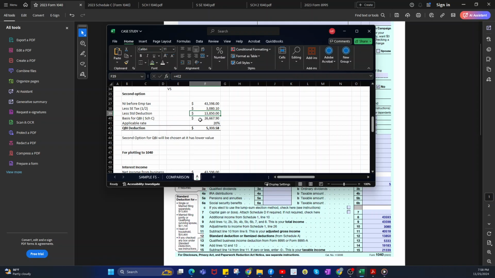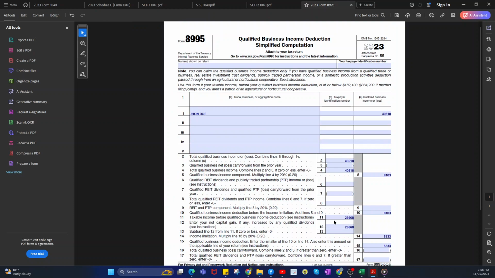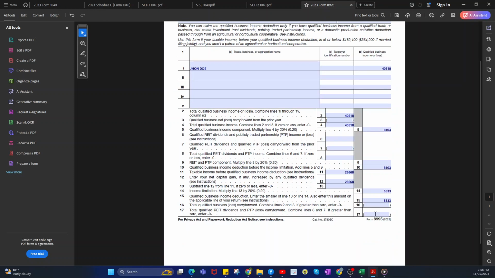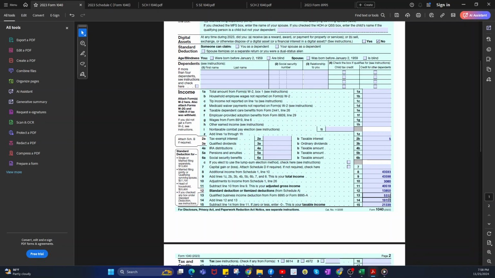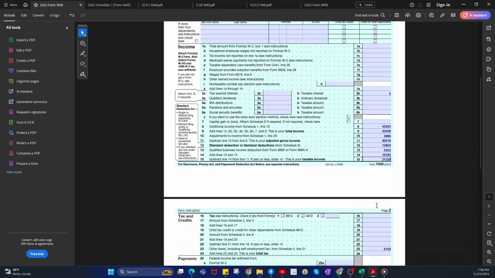So the base for the QBI is what they call the taxable income here. That's why you put the numbers here, and then multiply it by 20%. Whichever is lower will be our additional deduction from our 1040. So that's why it gets here. All right, and then it shows there that our taxable income is 21,339.